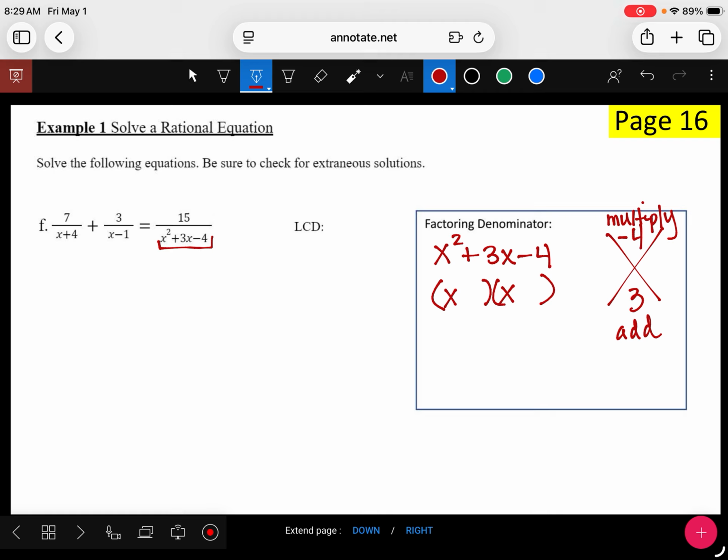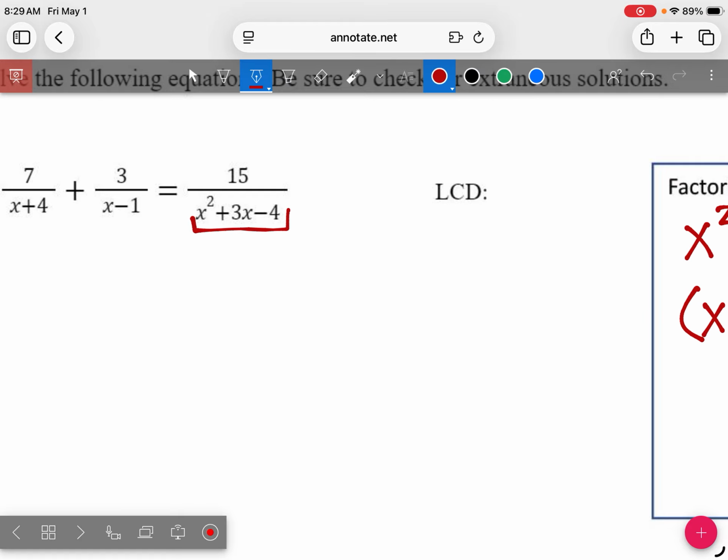Okay, anybody know my numbers? What'd you say, Isaiah? +4 and -1. Okay, so that means that I'm going to change this denominator to x plus 4 and x minus 1.